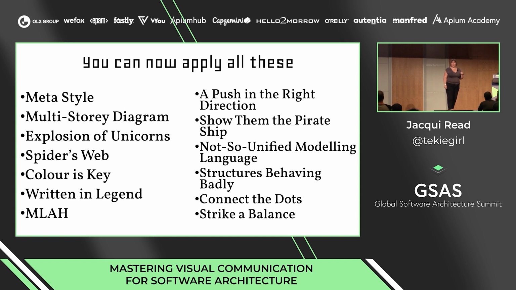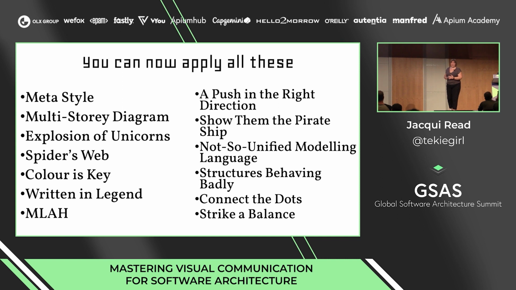Not so unified modelling language: use UML when you need to, and don't use it when you don't need to, because people will not understand. Structures behaving badly: make sure that your structure and your behaviour are not in the same diagram. It just causes severe confusion.